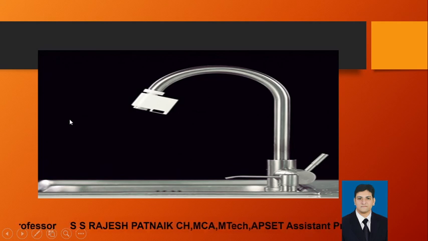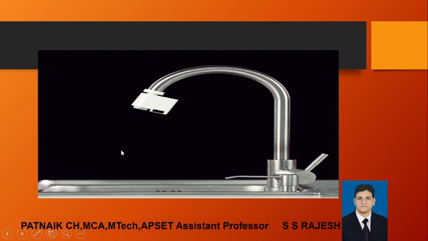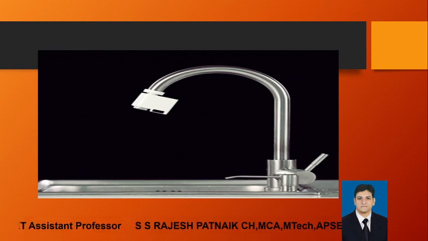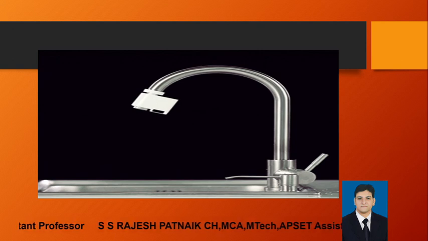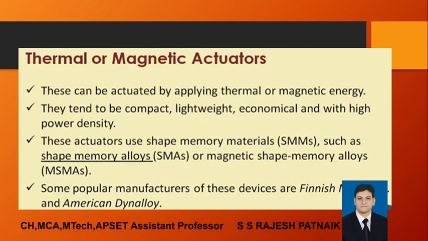You can just put your hands, and the water will automatically flow. If you take the hands away, the water will automatically stop. This is one of the examples of an electric actuator.